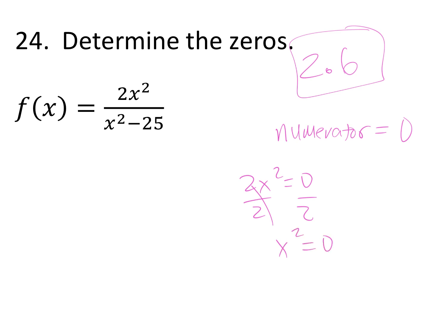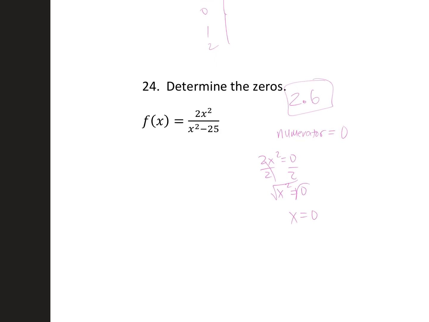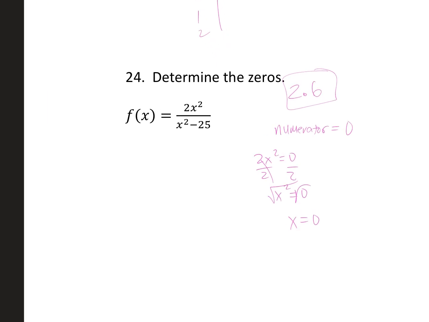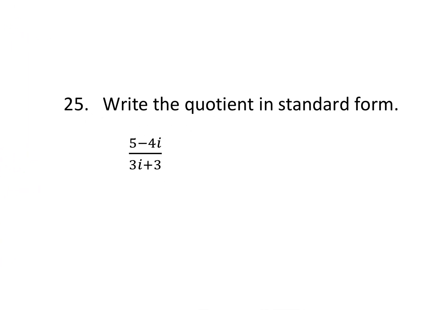X squared equals 0. Take the square root. What does x equal? X equals 0. If you were going to find the domain or the vertical asymptotes, what do you set equal to 0? The denominator. How do you find the horizontal asymptote? What do we do for that? You look at the x, where you compare numerator to denominator. Good.